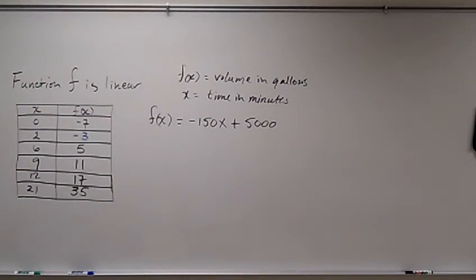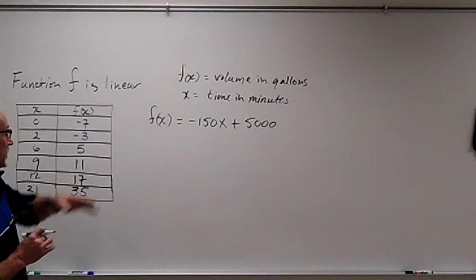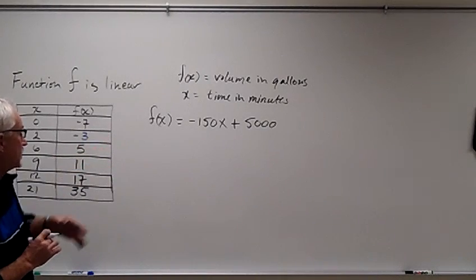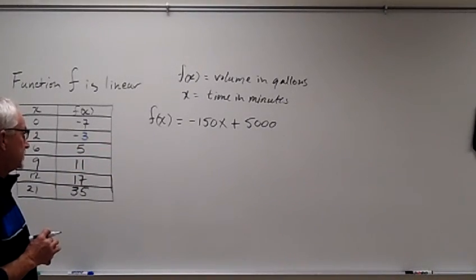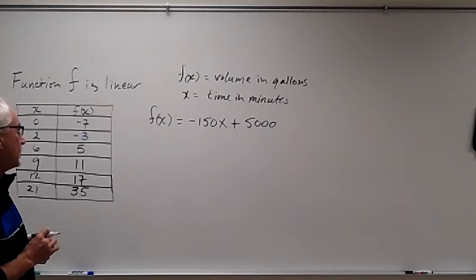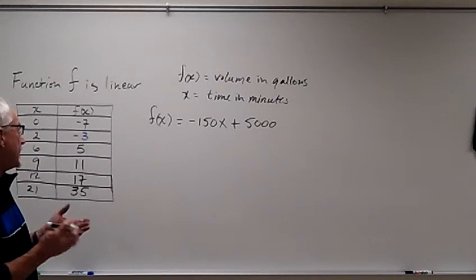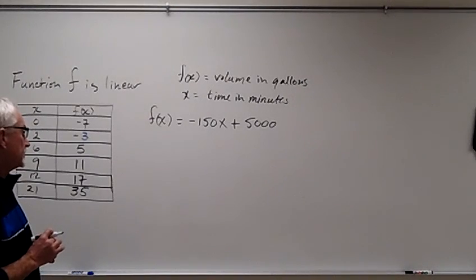Well, we might ask two questions related to this particular physical situation. One of the questions that we might ask is, what's the volume in the pool at some time, x? So let's say x is 10 minutes.